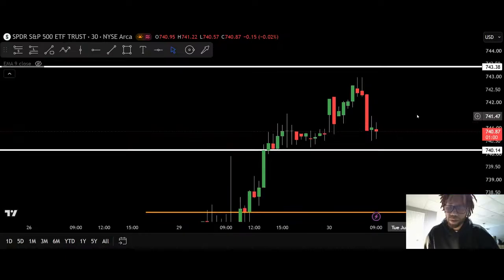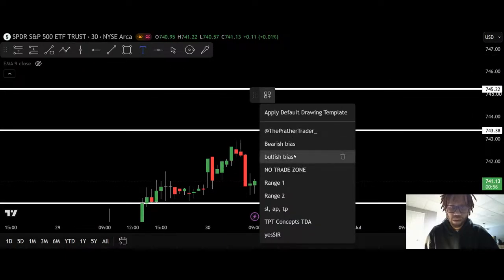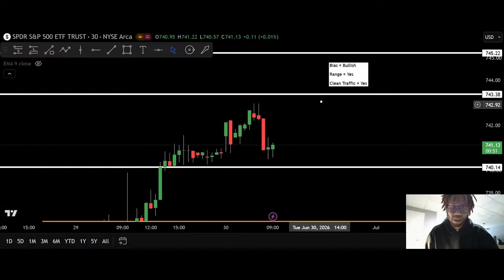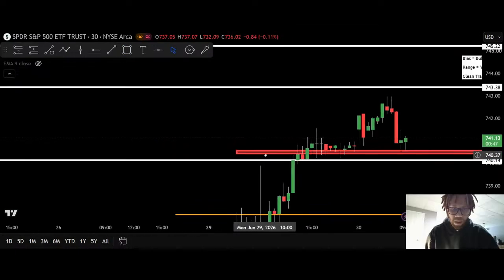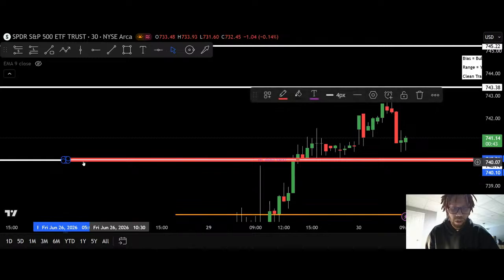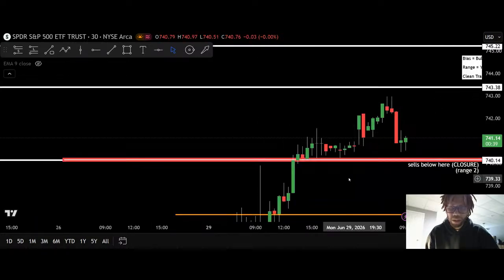Okay. So since I am bullish on SPY today, it'd be range to sell below here, which is pretty much a break and retest, or a celery play.